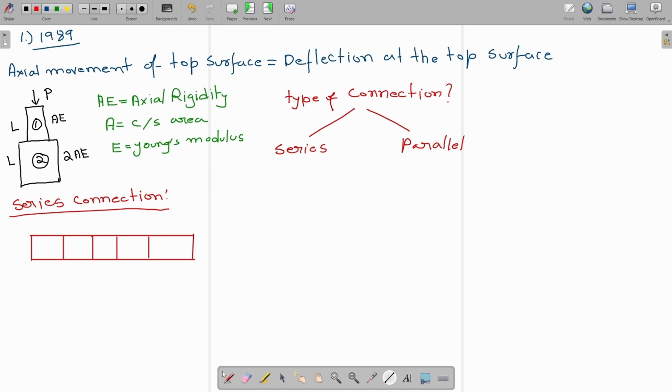Here we have bodies 1, 2, 3, 4, 5. A load is acting like this.